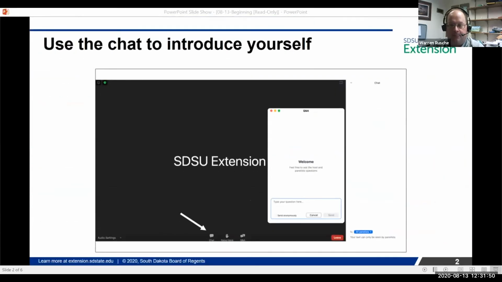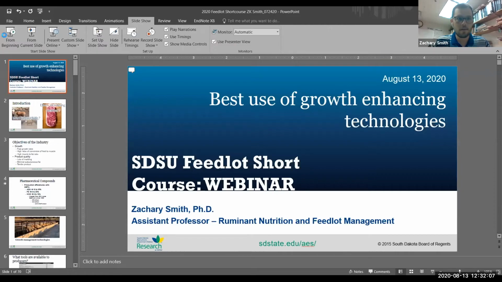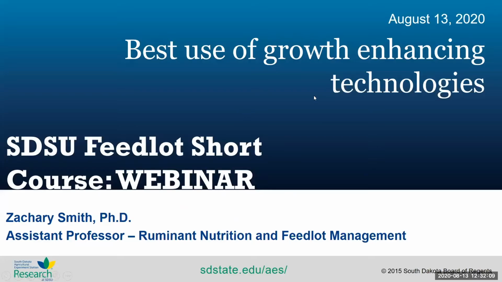Smith. Well, thanks, Warren, and thank you, everybody, for tuning in. I'm going to try to share my screen here. Should be shared now. Warren, can you give me a yes or no? Just click the slideshow button. There we go. We're ready. Cool. All right. Now I need to move this little booger out of the way.